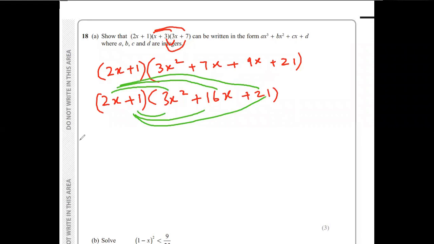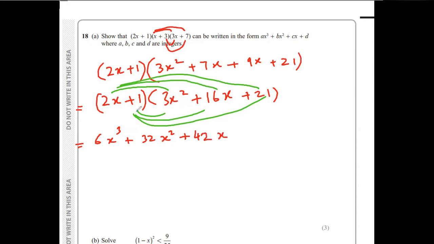And what will that give me? 2x times 3x squared will give me 6x cubed. Okay, and 2x times 16x will be 32x squared. And 2x times 21 will be plus 42x.